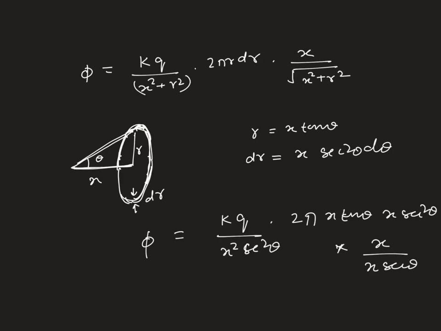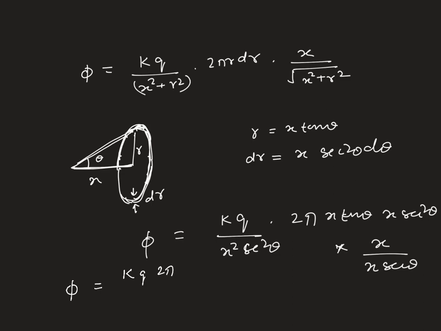You can see that there are three x's in the numerator, and we have three x's in the denominator, that is x squared and x. So all the x's are getting out of the scene. One sec squared theta and one sec squared theta are getting out of the scene. Then we are only left with tan theta by sec theta, and that becomes equal to sin theta. So your entire value of flux is getting reduced into kq 2 pi.